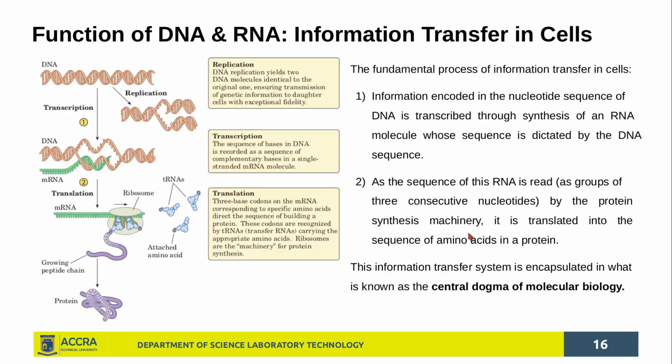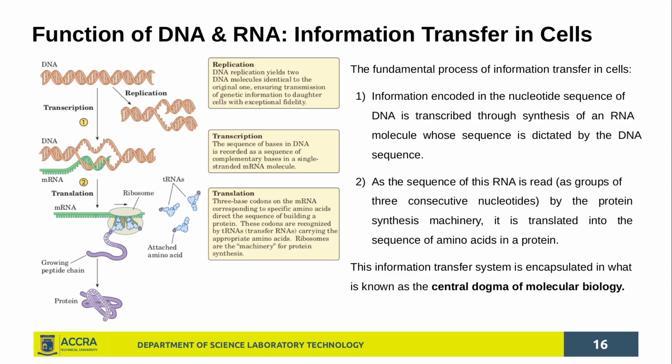Now, since we talked about the fact that DNA and RNA, nucleic acids, are repositories or storage of genetic information, and they also transfer this genetic information from parents to offspring, we'll briefly look at the overview of this process of transfer of genetic information, where you see DNA and RNA acting.